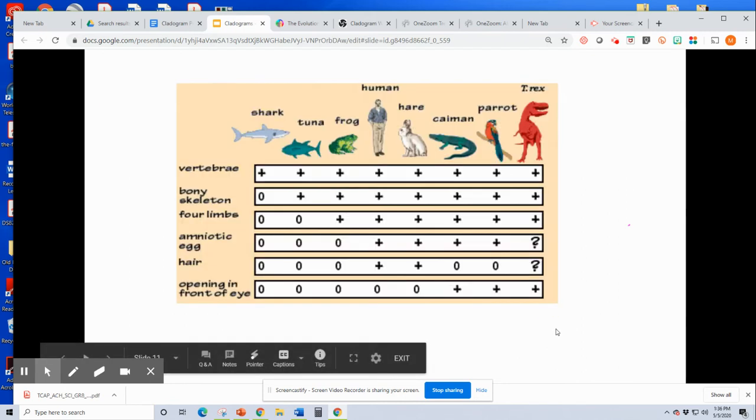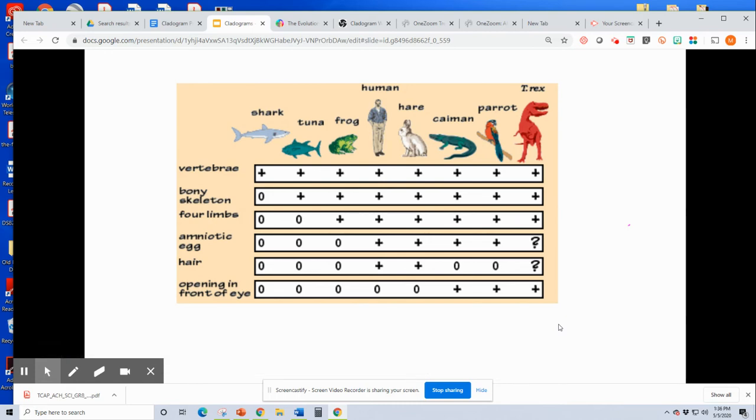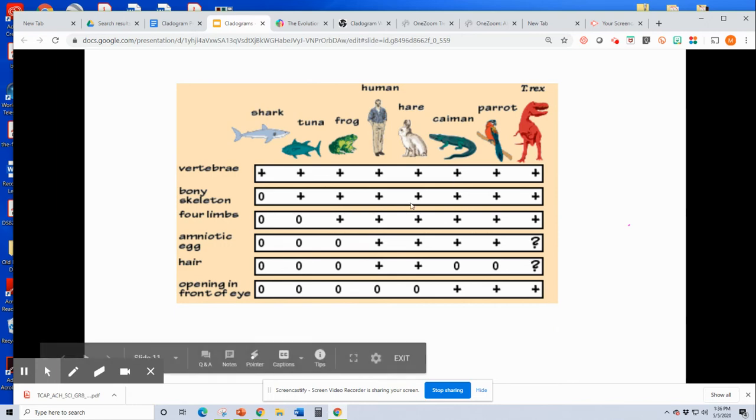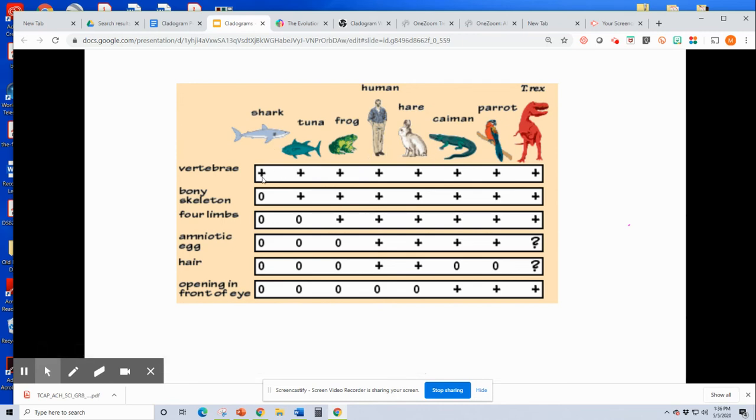But here's what we tend to do with this. We tend to make these tables that look like this, and this will help us. I'm going to show you a little bit about one of these tables in just a second. I've got to take my car to get an oil change here, so I may actually have to do that in a separate video. But what we did here is we took a table, all our organisms, and all we did is we put a plus sign if it has that characteristic.